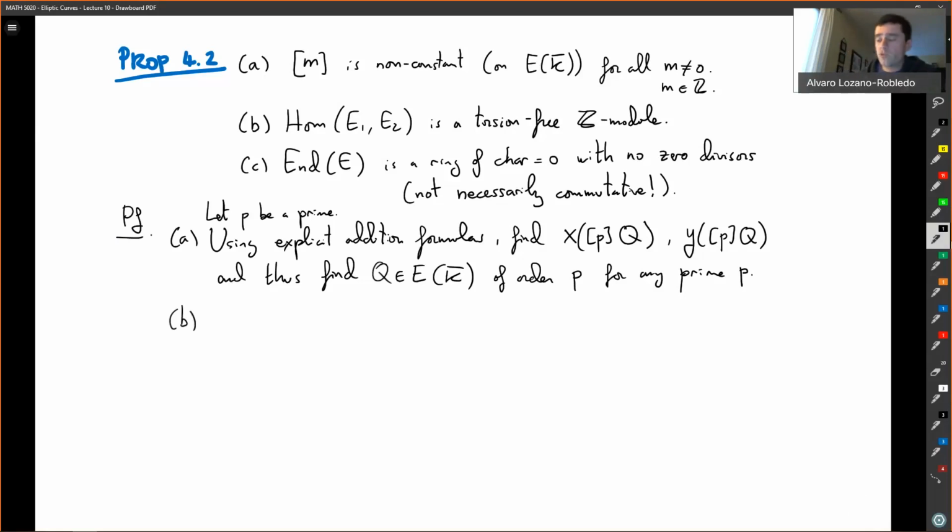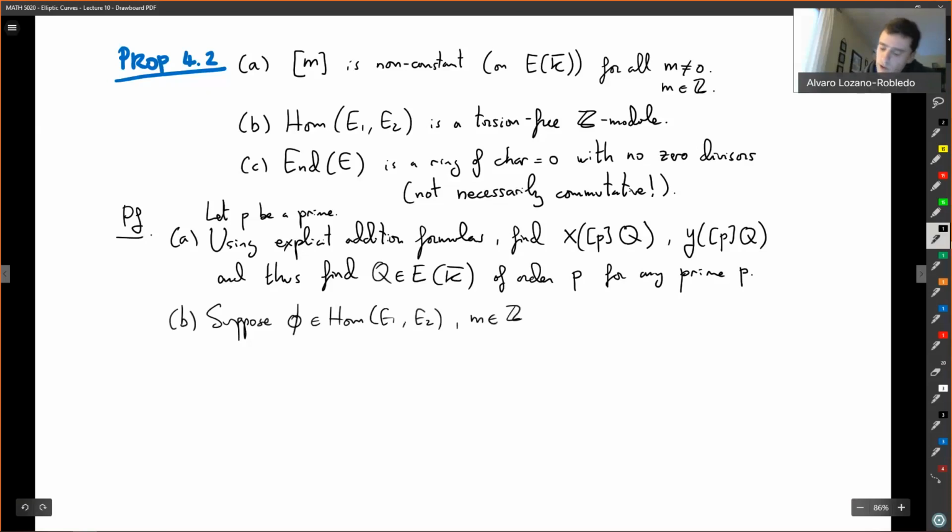Now for B, I want to show that the Homs are torsion free. So suppose that I have an isogeny, and I have some integer, and I want to see if I can create a torsion element, something that m times this element gives me 0.